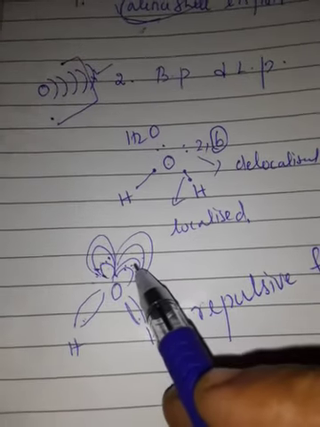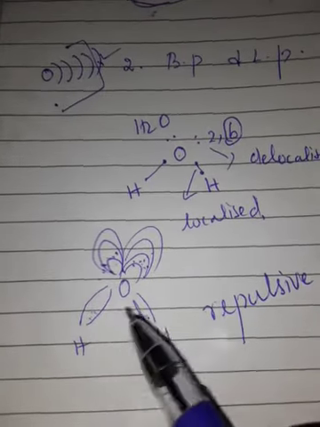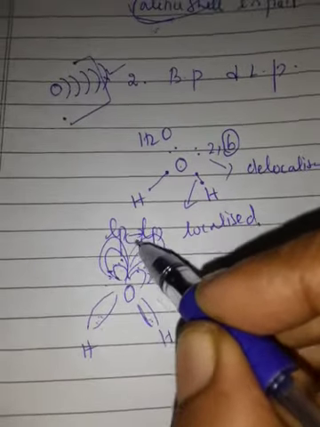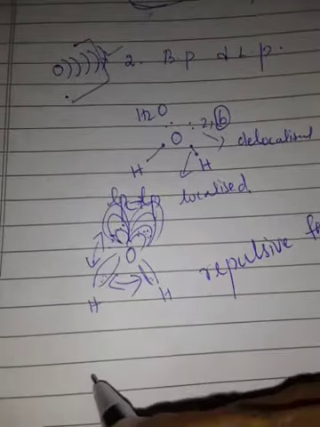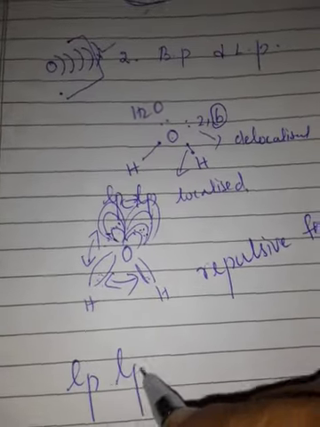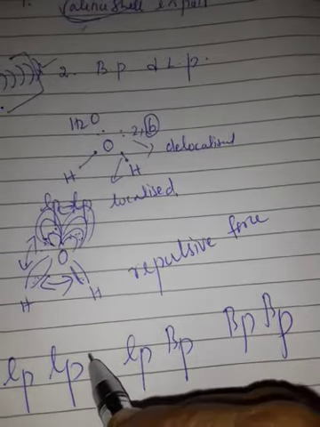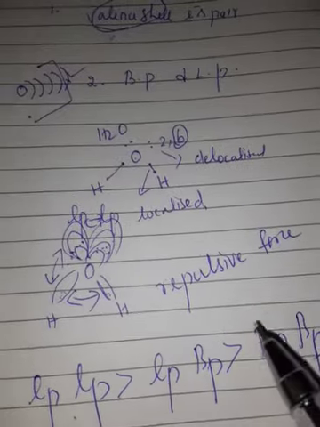There is lone pair-lone pair repulsion, lone pair-bond pair repulsion, and bond pair-bond pair repulsion. Three types of repulsions are there. They decrease in this order: lone pair-lone pair repulsion is the highest, then it goes on decreasing.